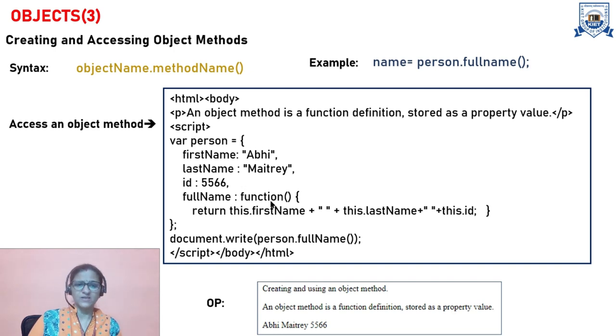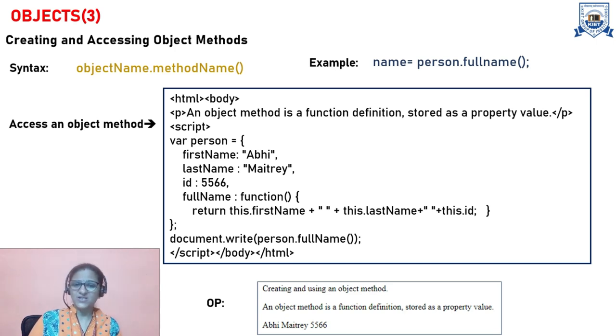So first of all, this variable person is the object we are creating, and it has several properties: first name and its value, last name, its value, ID, its value. So this way we have created the object. Now with the help of this function, we will return this.firstName, this.lastName, this.id, and this will get associated with fullName.